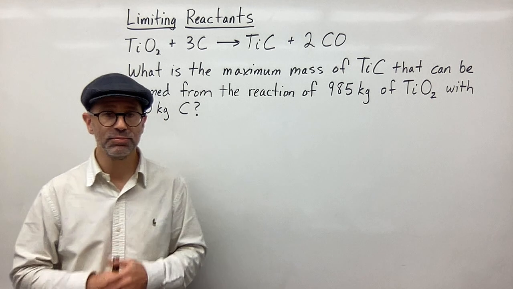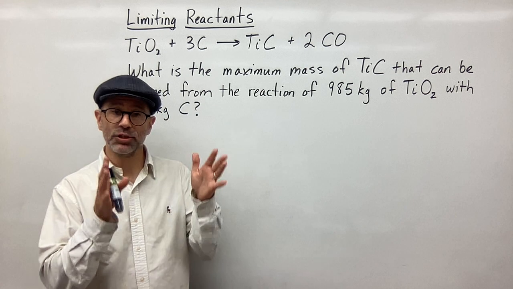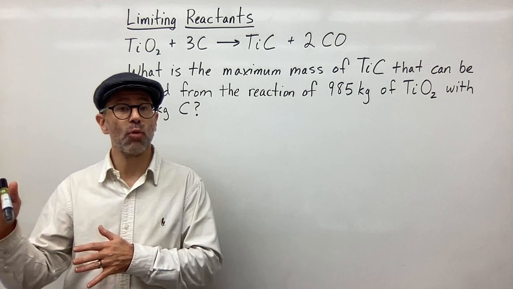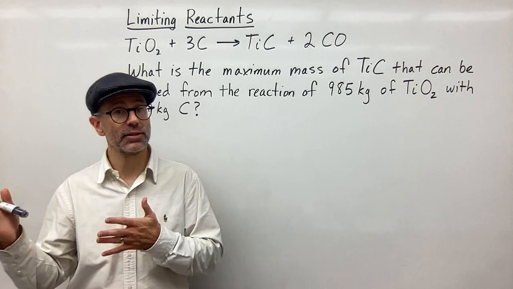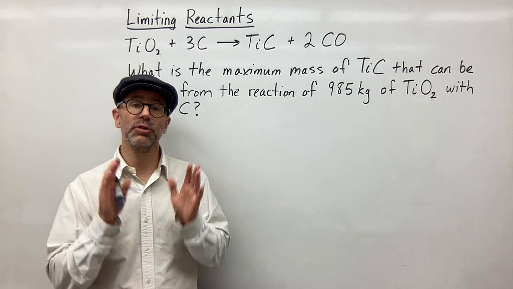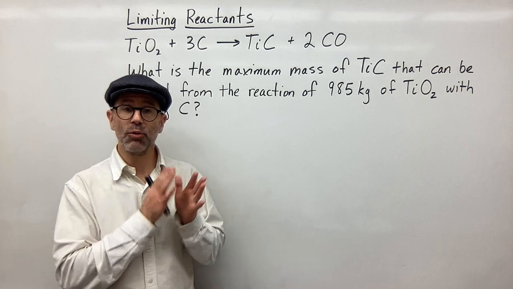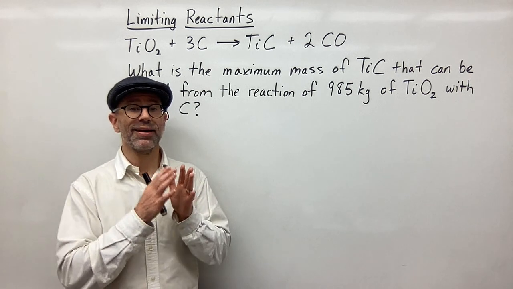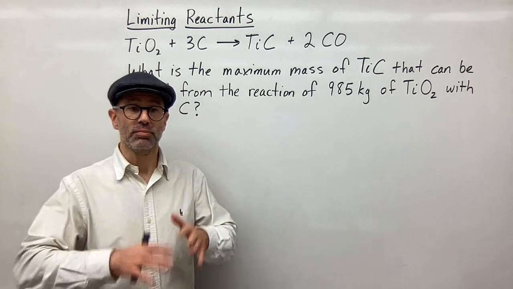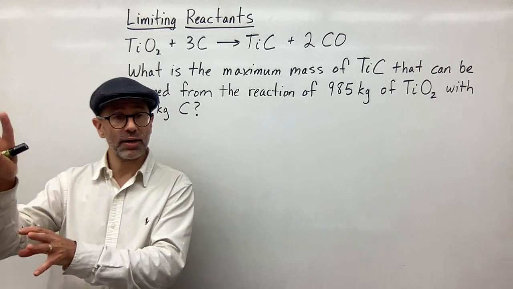That's one way. The second way is that you can take the two amounts of reactants and see which one gives you more product or less product, right? Remember, the limiting reagent is the reagent that runs out first. So if that one runs out first, then it's not going to produce as much product. So you can take both reactants and convert them to the product that you're interested in.